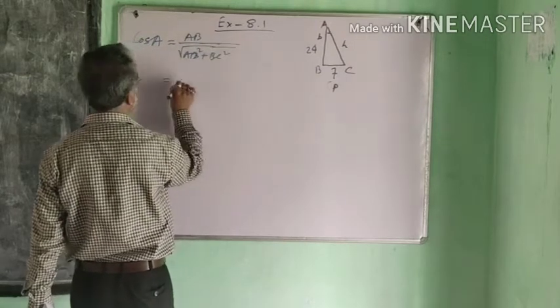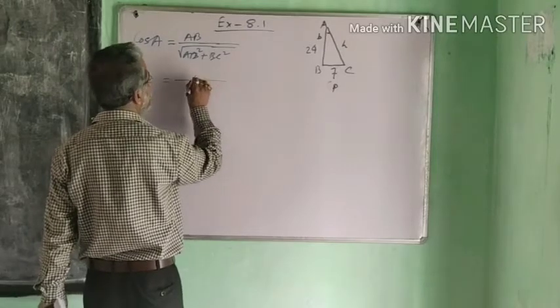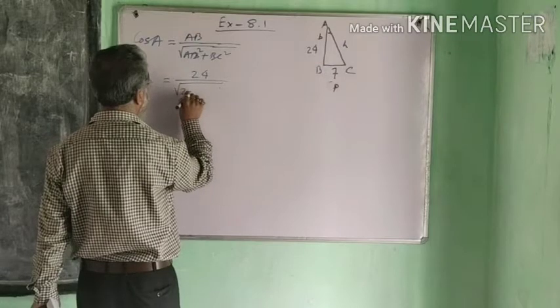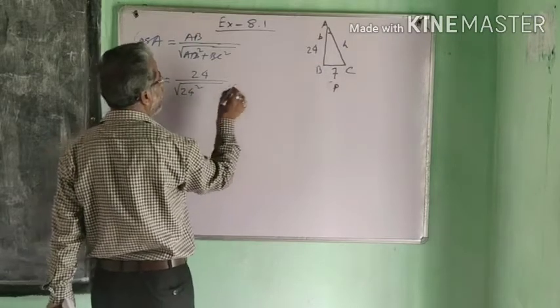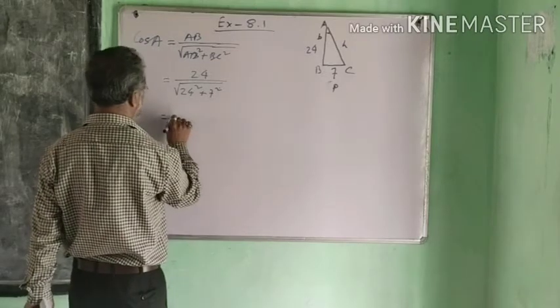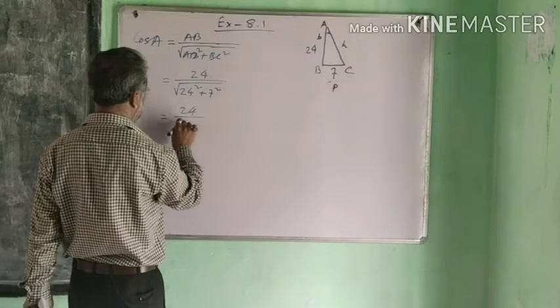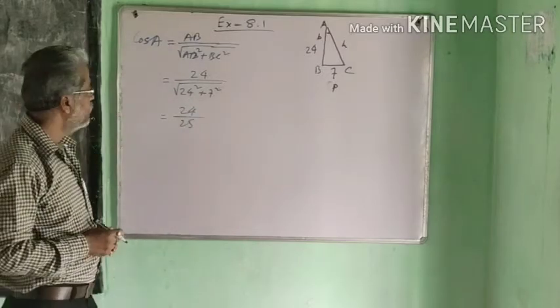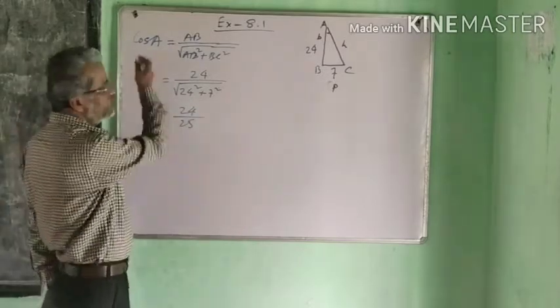Now put the values. AB is given 24 and BC is 7. So 24 by, we have got already this one, 25. So 24 by 25 is cos A.